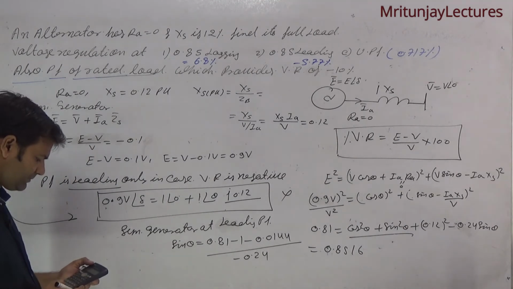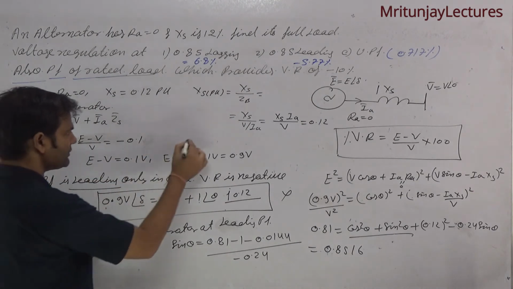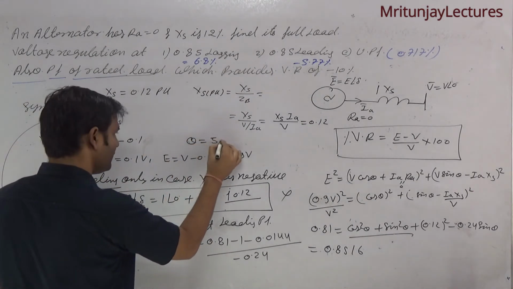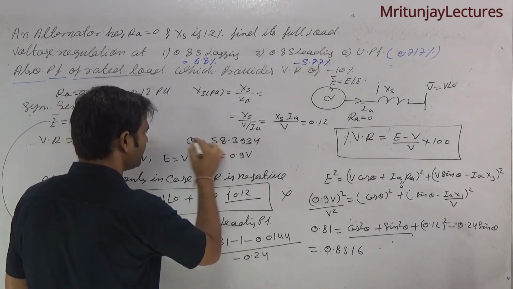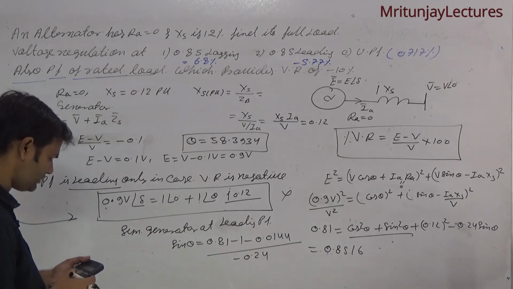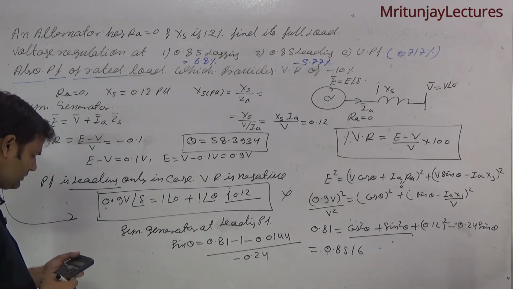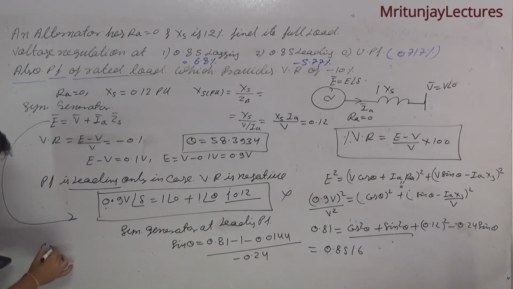Shift sin inverse 0.85, that is 58. So theta will equal 58.3934 degrees. So what about cos theta?